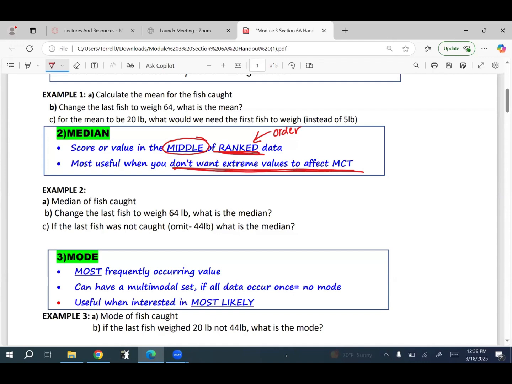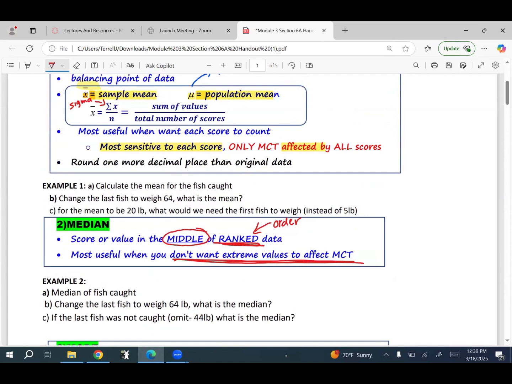Whereas the mean we just discussed is affected by extreme values because look at the formula of the mean. You're summing all the values, including extreme values. That is the difference between the two. They are both measures of center, but one is affected by extreme values and the other, which is the median, is not affected by extreme values.